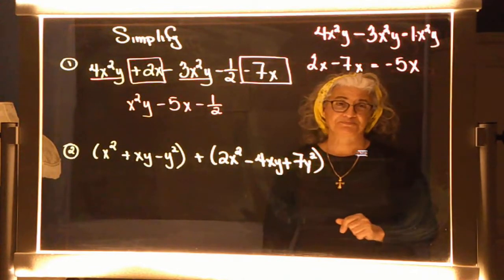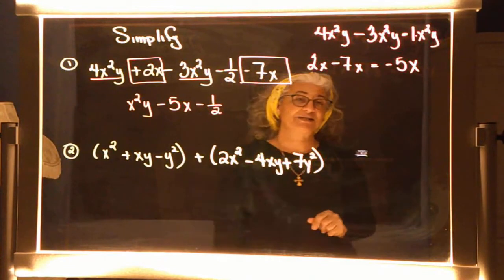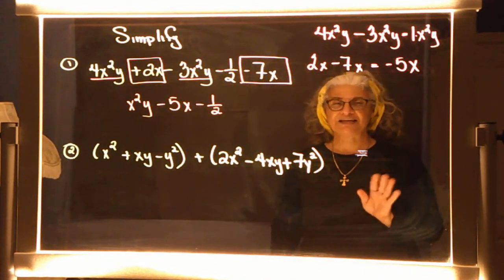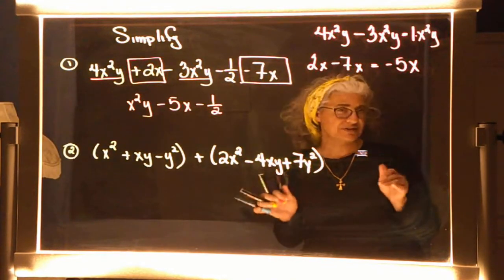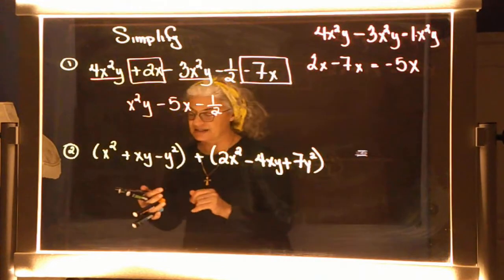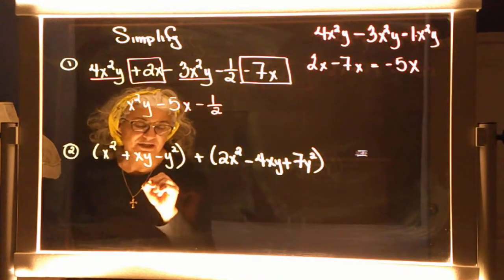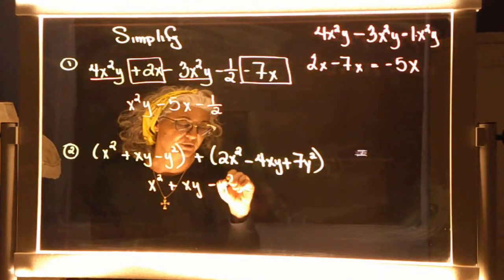Number 2. I have two polynomials that I'm supposed to be adding together, right? All right. So there's another way of adding polynomials that for some of you might be a little bit easier to see. So I'm going to write the first polynomial down. We have an x squared plus xy minus y squared.